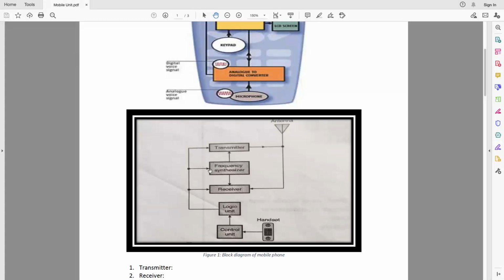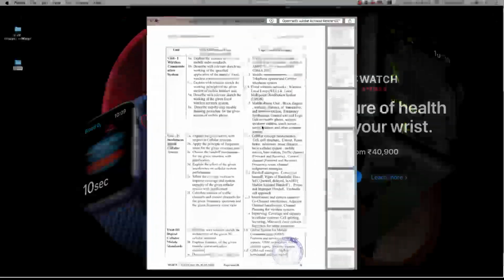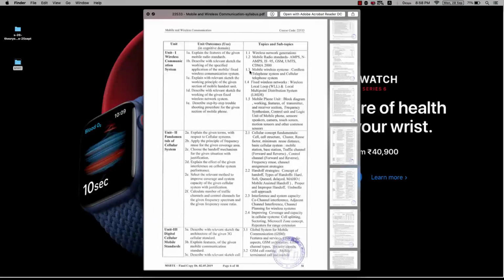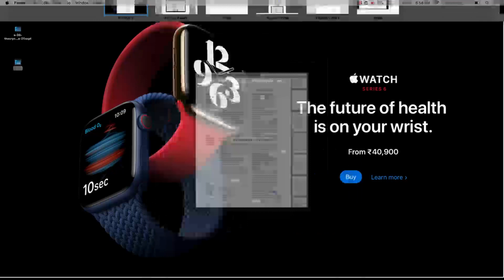So what is the need of a frequency synthesizer? In the next chapter we are going to study the detailed functioning of cellular technology, or we have already seen it in point number 1.3, that is the mobile wireless system.